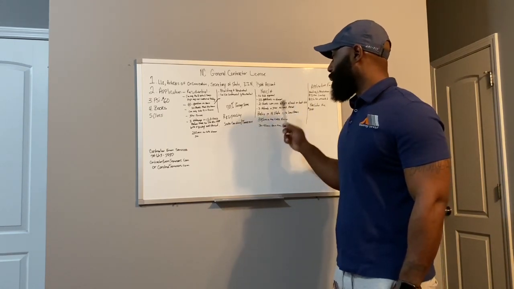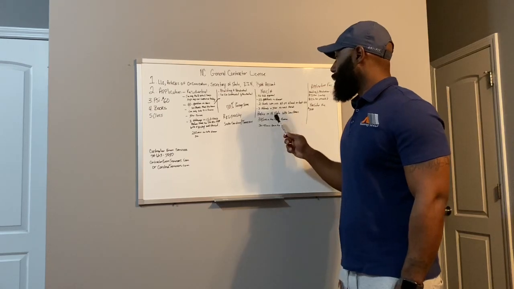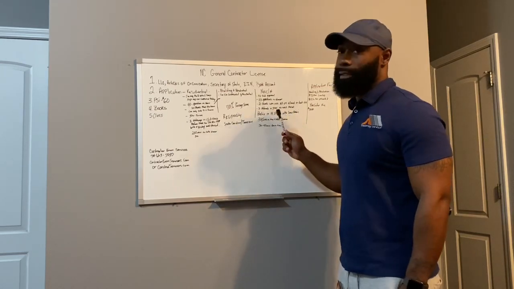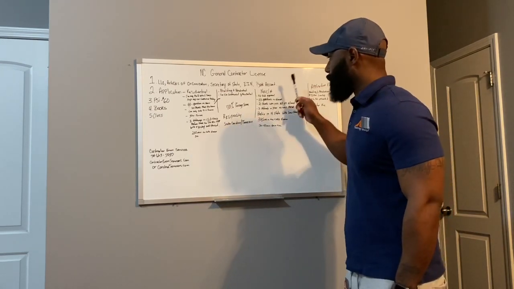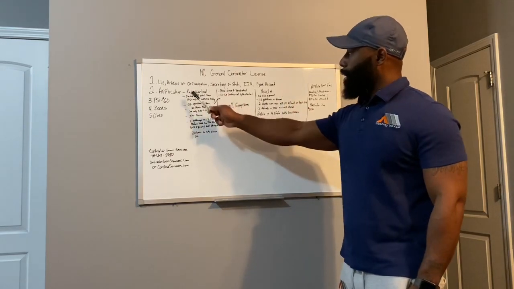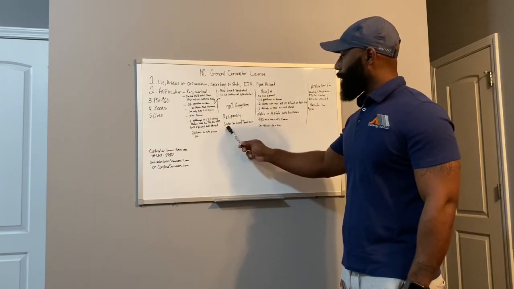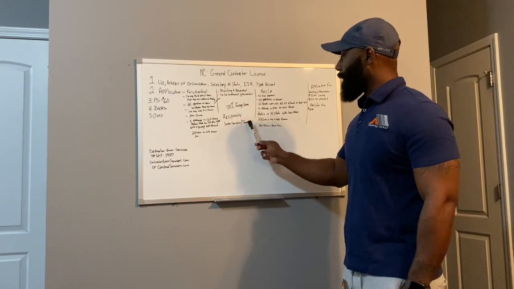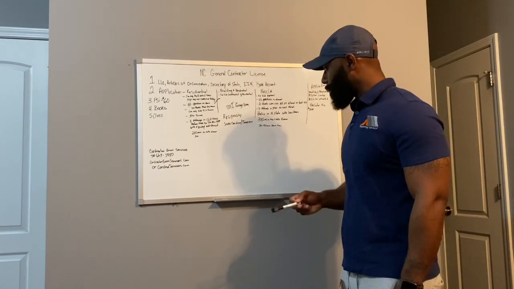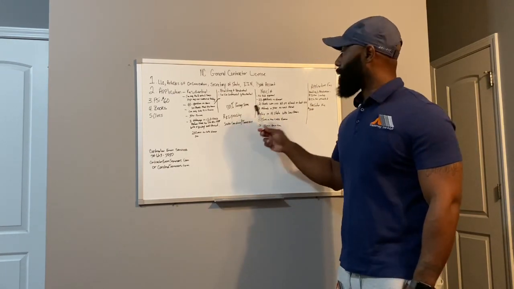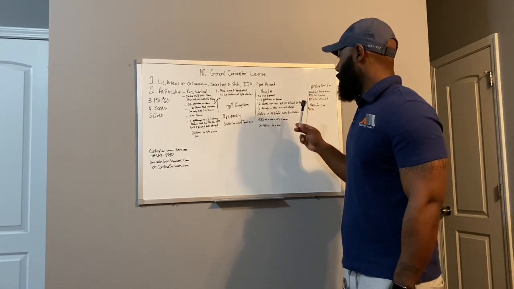So basically, in 14 different states you can use your general contractor license if you take the NASCLA. With residential and building, you only get 2 states, which is South Carolina and Tennessee. So that's another benefit of taking the NASCLA exam.